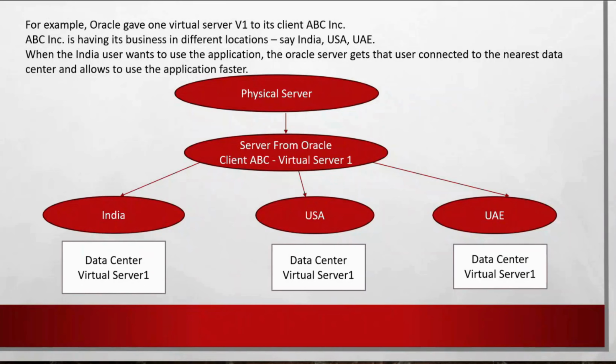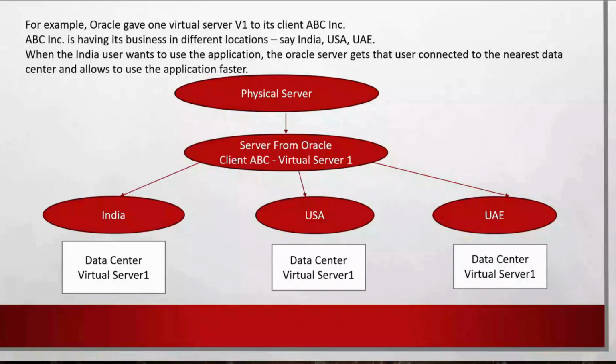For example, if a USA user tries to connect, the USA data center will get connected, taking the nearest geography of the user. Now, suppose there are no virtual servers and only one physical server was available at USA. Then any user from a different geography would have to follow the same path and the same URL.